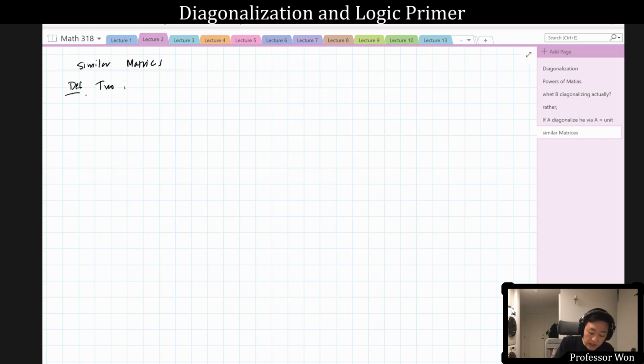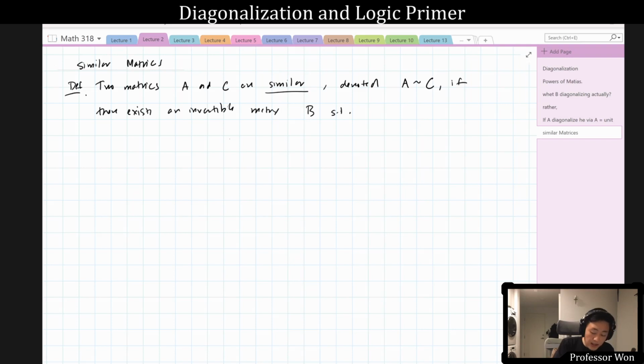Two matrices, A and C, are called similar, and we denote this with a tilde, A is similar to C, if there exists an invertible matrix B such that A is equal to B C B inverse.